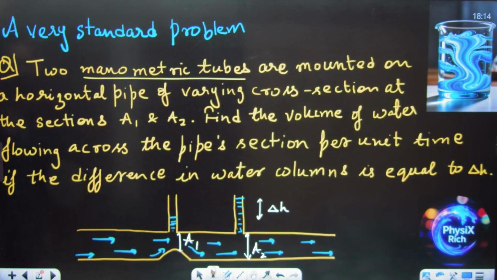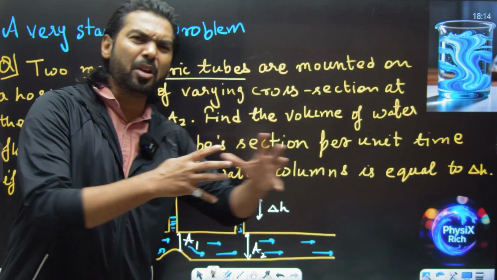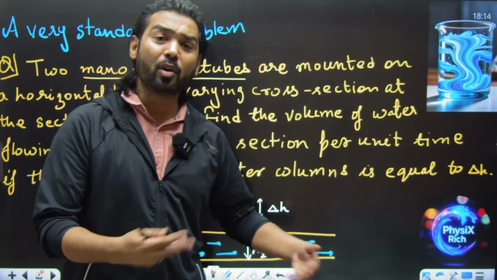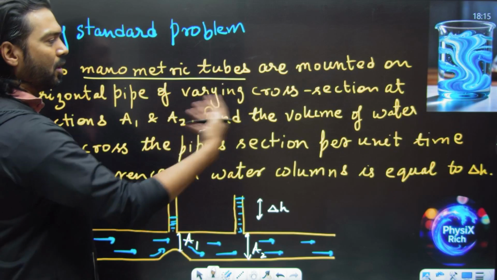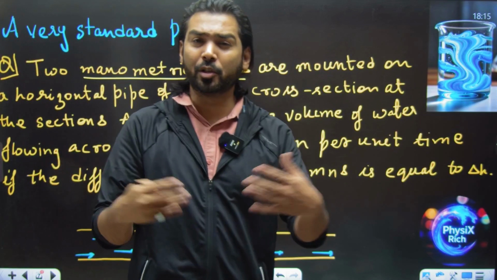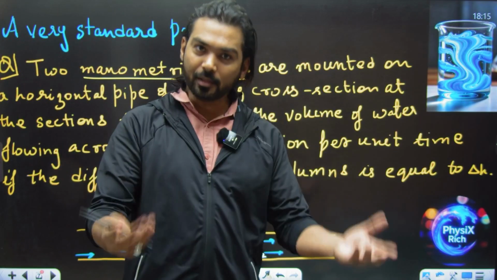Then he says, find the volume of water flowing across the pipe's section per unit time. It's a very long way of saying, find the volume flow rate.